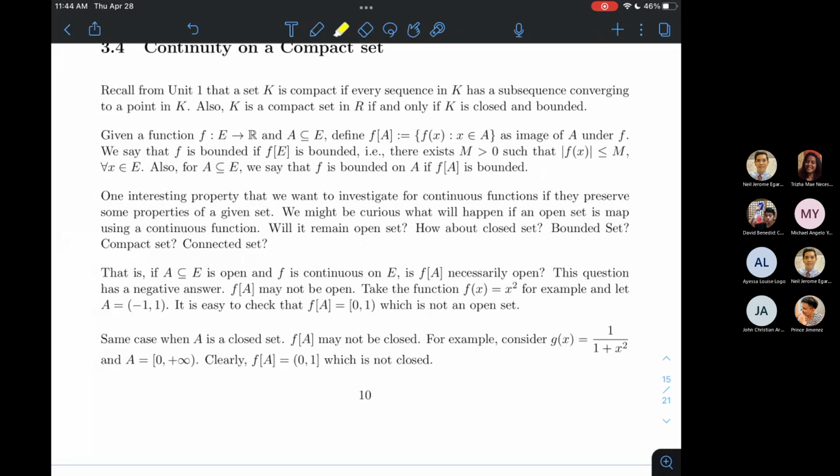All right? Now, just to recall, kung napanood nyo hopefully yung recording na pinapanood ko sa inyo about the proof ng continuity ng composition ng functions, you will see there that we define the image of a set A or a subset A of the domain of f under the function f, right?